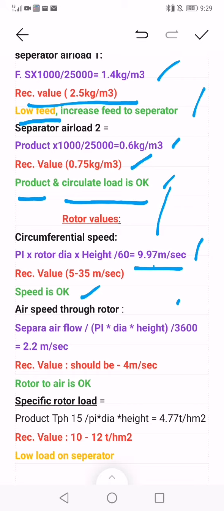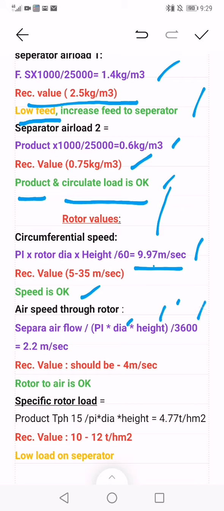And air speed through rotor. We can imagine that one. Just imagine in your mind air speed through rotor: separator airflow divided by pi into rotor diameter and rotor height, divided by 3600.